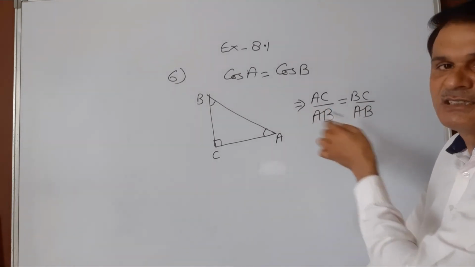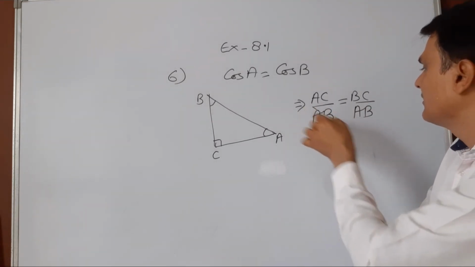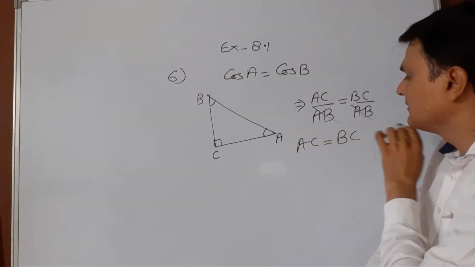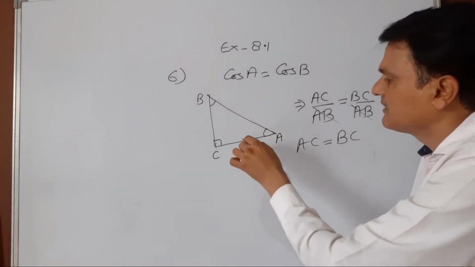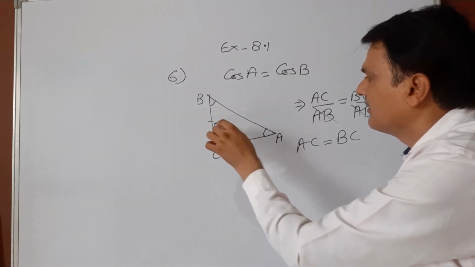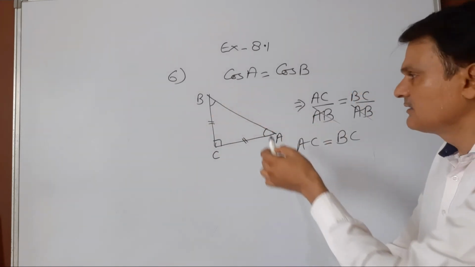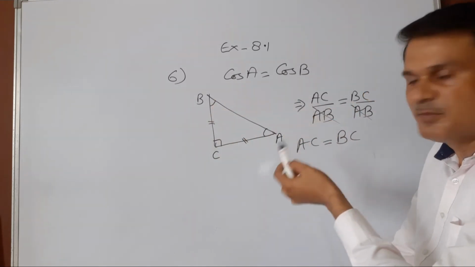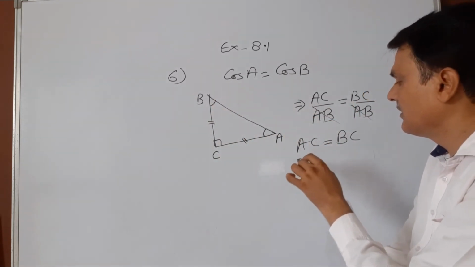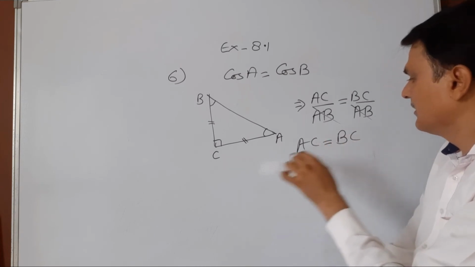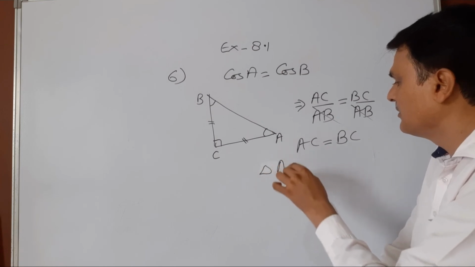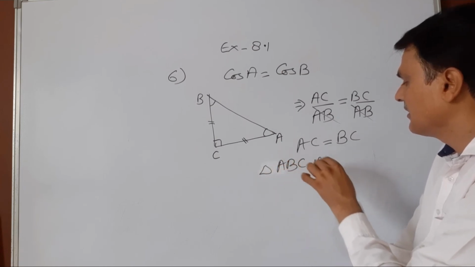So AB cancels out from both sides, we get AC equal to BC. This means two sides AC and BC are equal, and hence triangle ABC is isosceles, and we can say that angle A equals angle B. Here we can write that triangle ABC is isosceles.